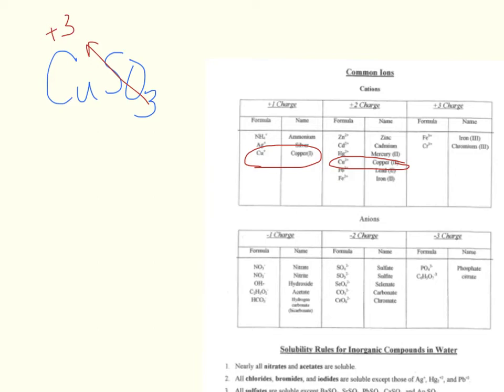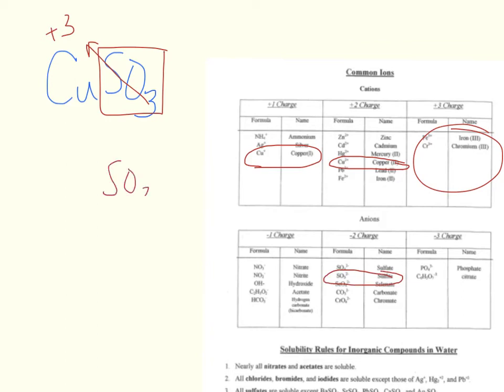But there is no +3 over here, so that cannot be correct. So you have to be careful and isolate the entire group. So SO3 is a group, and then find that down here on your anions. SO3 is a -2 charge.